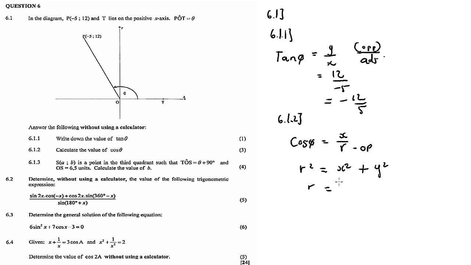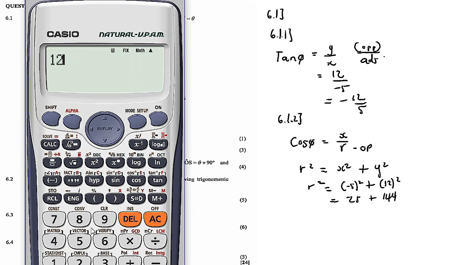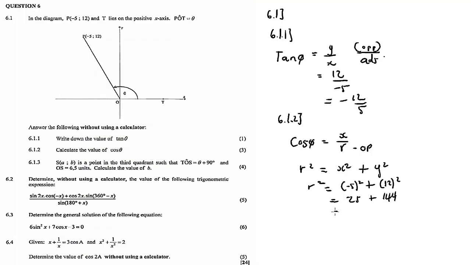So the value for r squared is minus 5 squared plus 12 squared, but without using a calculator. Okay, so it's 25 plus 144, if I'm not mistaken.